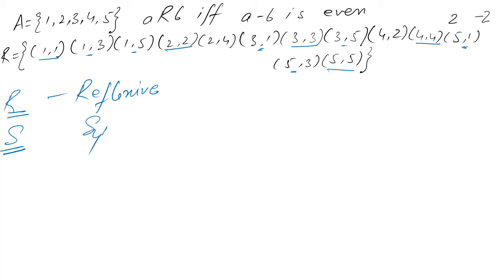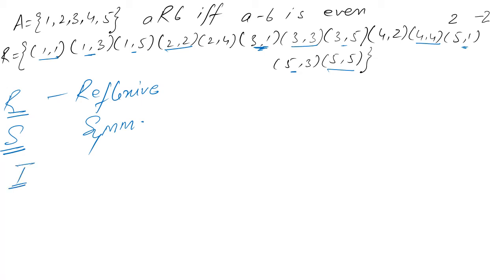So it will be a symmetric relation. As it is a symmetric relation, it cannot be an asymmetric relation. And as I have the 1 3 and 3 1 pair where 1 is not equal to 3, it cannot be an anti-symmetric relation.